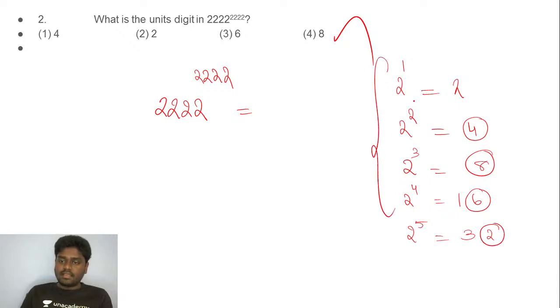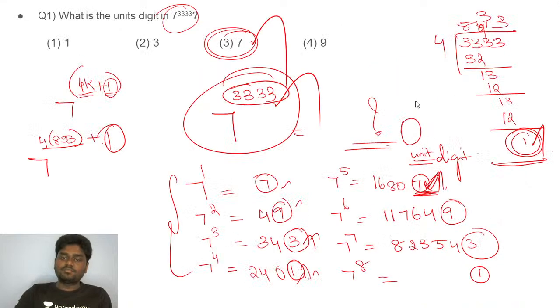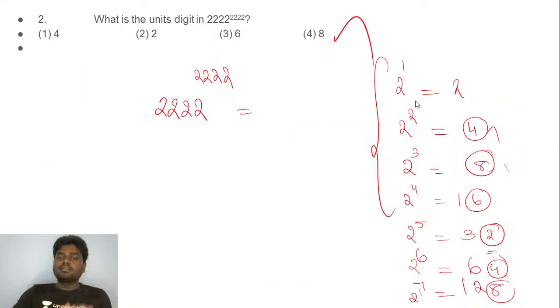Can I say again in every 4 terms, the unit digit repeats? 2 power 6 is nothing but 64. Again, you are getting the same thing. If you go for 2 power 7, it's going to be 128. Again, you are getting 8. So, damn sure, I know the fact that here also, like in the case before we saw for 7, for the unit digit of 2 as well, for every 4 terms, you are getting the cyclic unit digits.